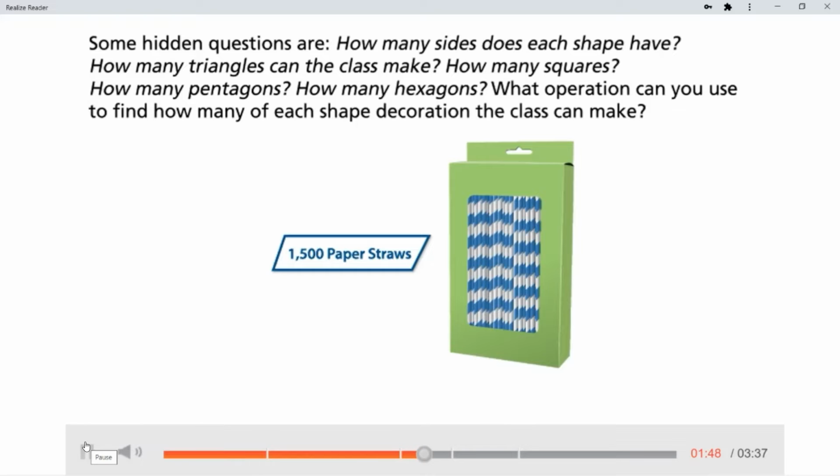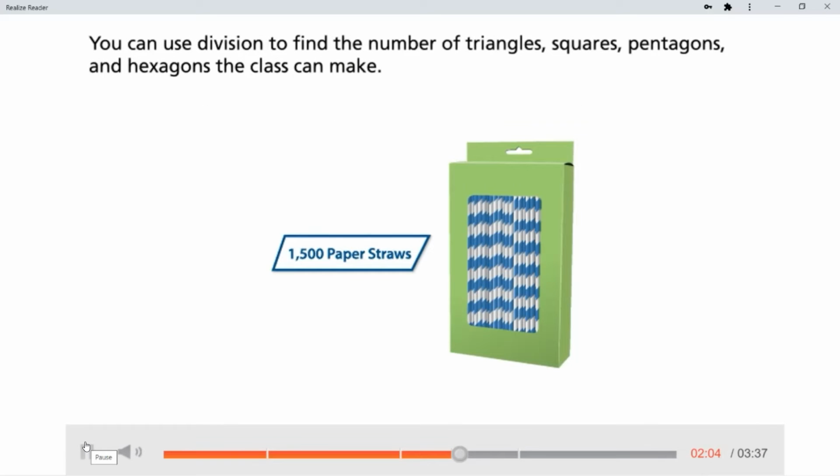How many triangles can the class make? How many squares? How many pentagons? How many hexagons? What operation can you use to find how many of each shape decoration the class can make? You can use division to find the number of triangles, squares, pentagons, and hexagons the class can make.